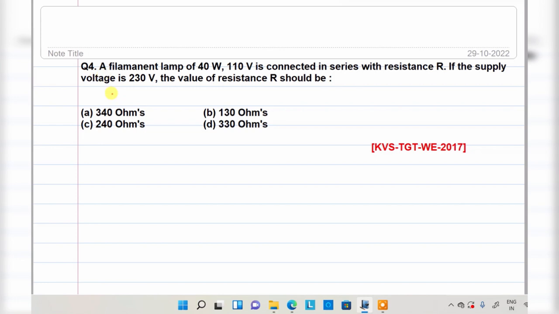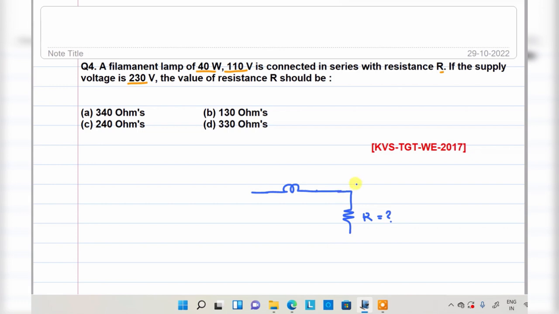Next, question number 4. A filament lamp of 40 watts, 110 volt is connected in series with resistance R. If the supply voltage is 230, the value of resistance R should be. So let me draw the diagram here. We have a filament lamp connected in series with some resistance. We don't know that resistance value.